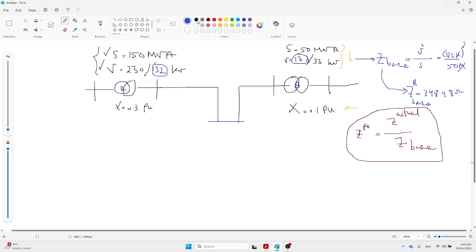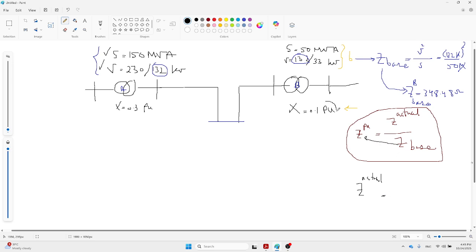Then the value for the Z real, or actual, comes as Z base times Z per unit.